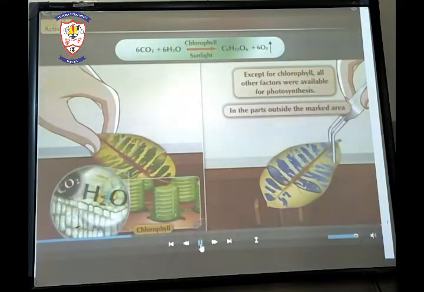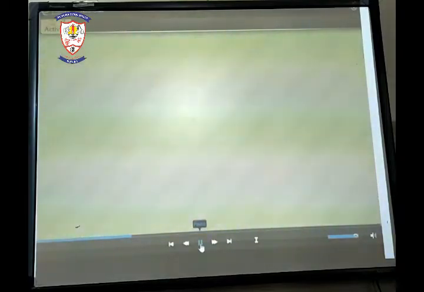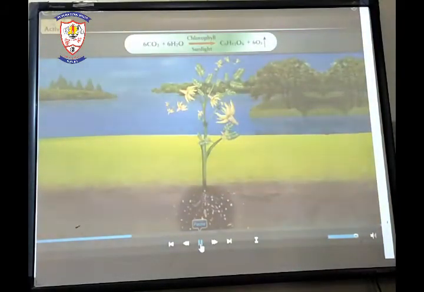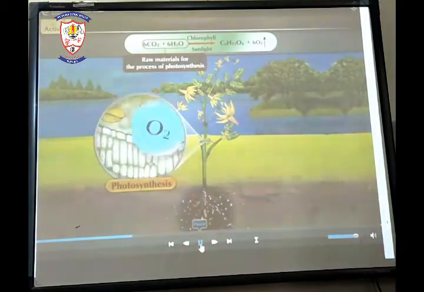In this part of the outside marked area of the leaf, and we have studied that carbon dioxide is also an important raw material for the process of photosynthesis.